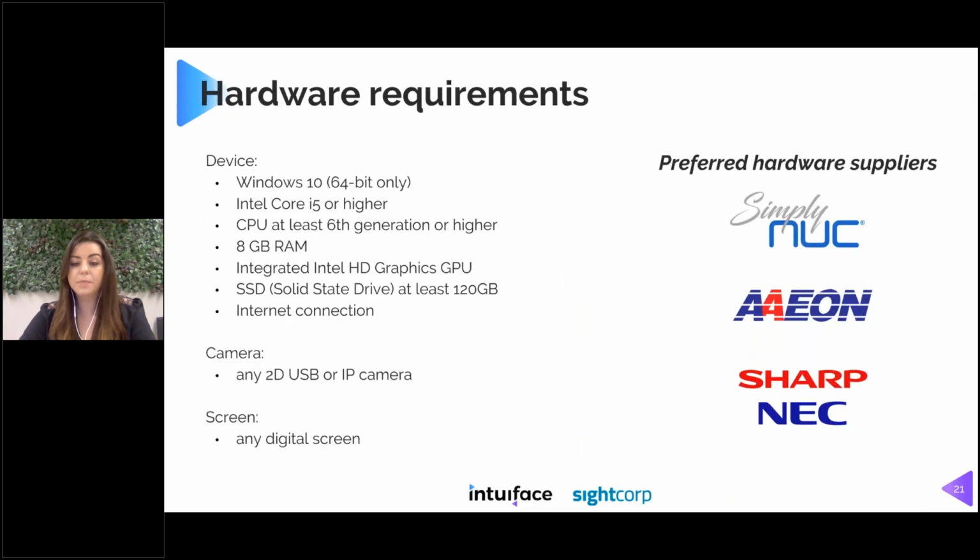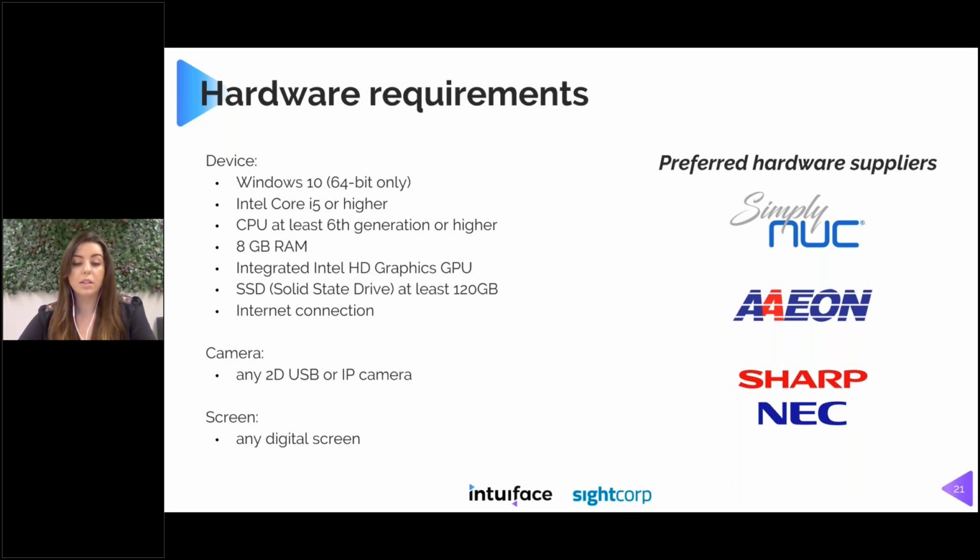Next slide. And with regards to the type of devices that we can run on, it's fairly flexible. We do prefer Intel hardware, and we suggest to use at least an i5 of 6th generation and up. You can get these devices really easily from partners like Simply NUC. And also any 2D USB and IP camera works.